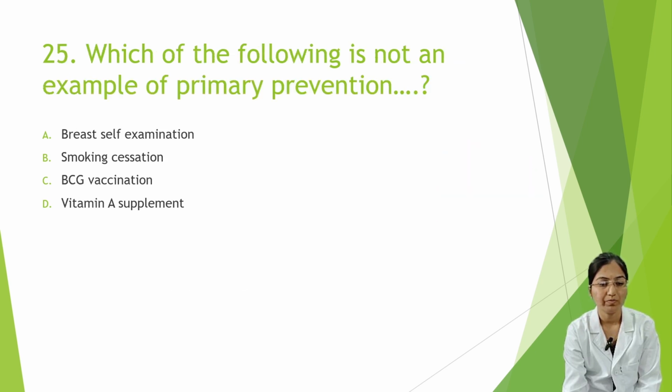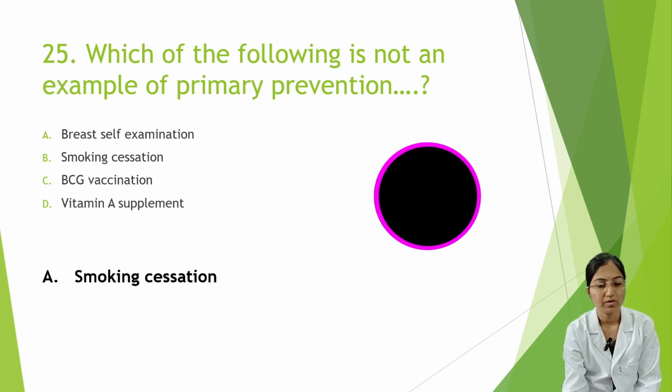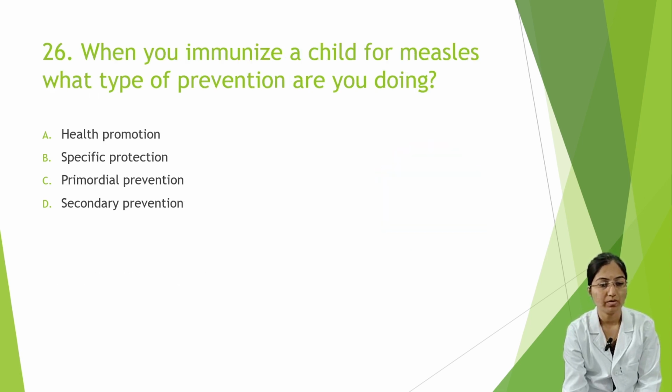Pap smear screening is an example of secondary prevention. Which of the following is not an example of primary prevention? Smoking cessation. When you immunize a child for measles, what type of prevention you are doing?